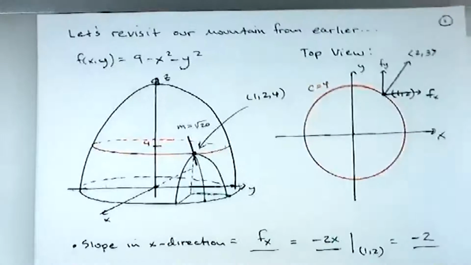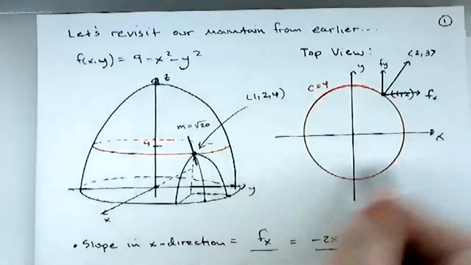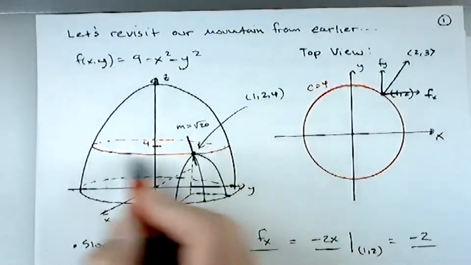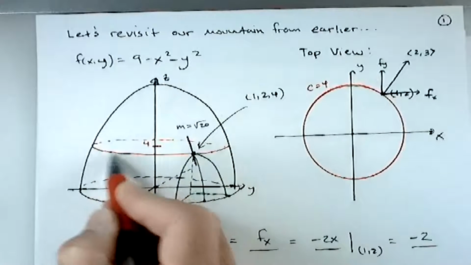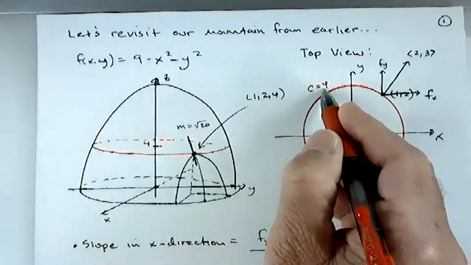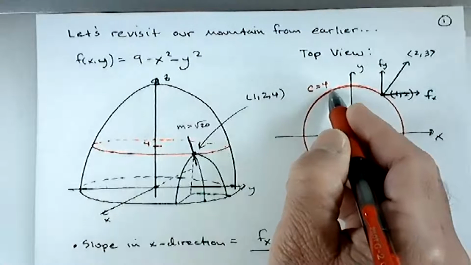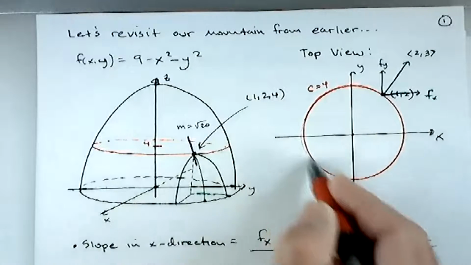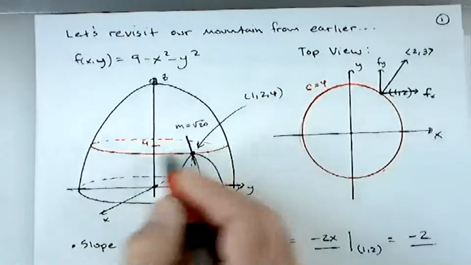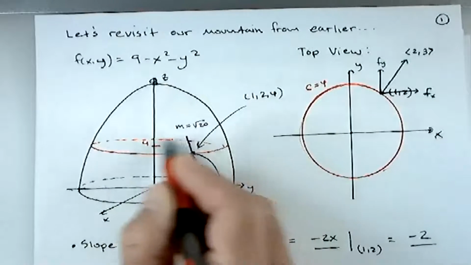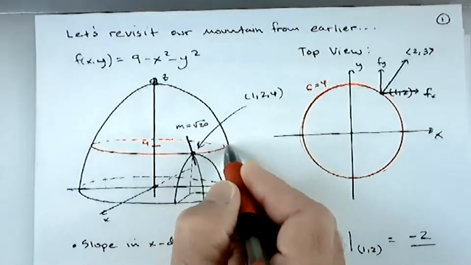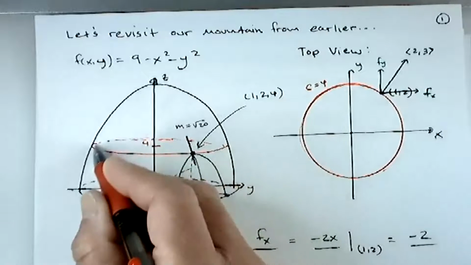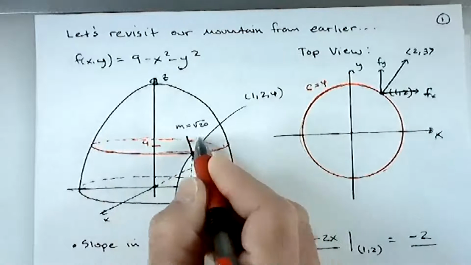Going back to the picture, what I meant to draw was this level curve. This is the level curve when c equals 4. And by definition, if you move around the level curve, think about the three-dimensional graph, is your elevation going to change? No, right? That's why we call it a level curve. So if you don't want to increase your elevation at all, you should move around the level curve.